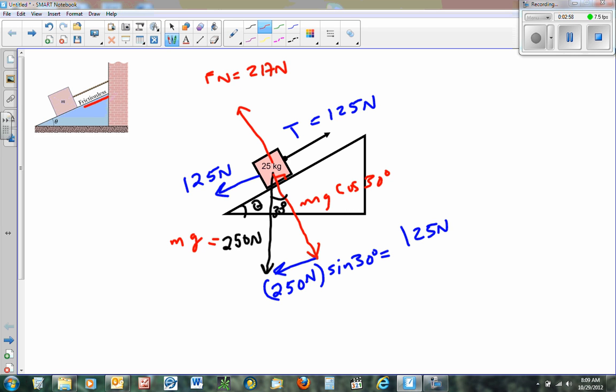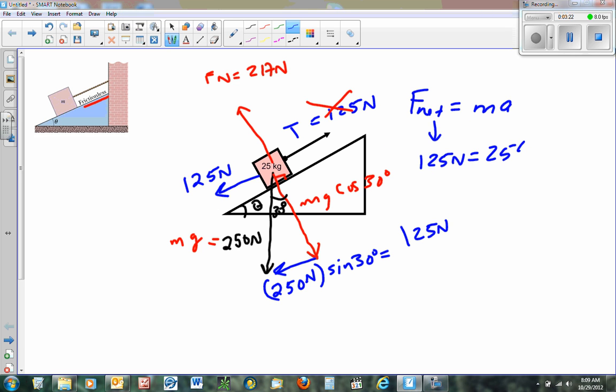See, frictionless right there. Now it says if the rope's cut, what's the acceleration down the incline? Well, what's the net force? If that goes away, what's the downhill force? Well, it's the net force, which equals ma. The net force is 125 newtons because that's the force pulling it downhill. That's your car out of gear being pulled downhill.